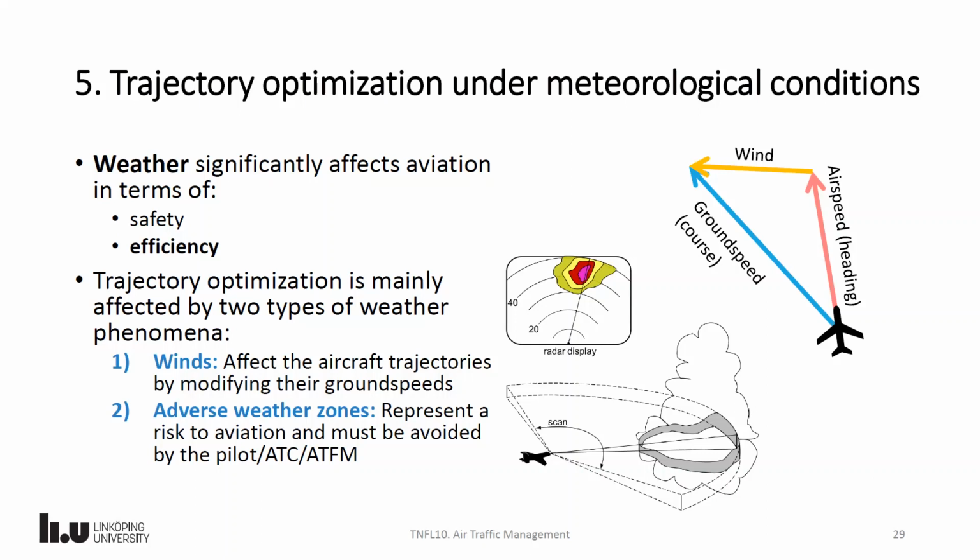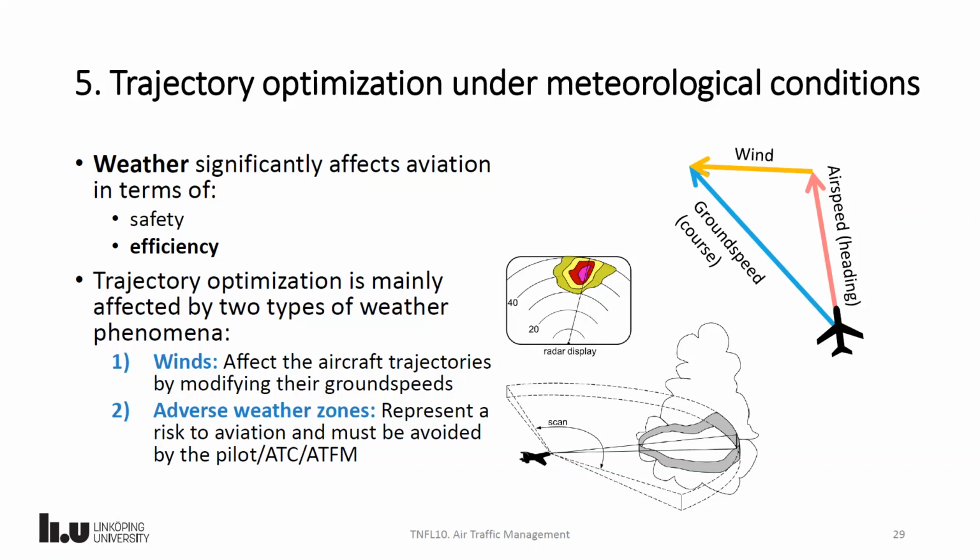Imagine a boat. The airspeed would be the equivalent of the velocity of that boat with respect to the water. And then we have the ground speed. The ground speed is the speed with respect to the ground. That could be the thing that we would observe from the ground if we look at an airplane.